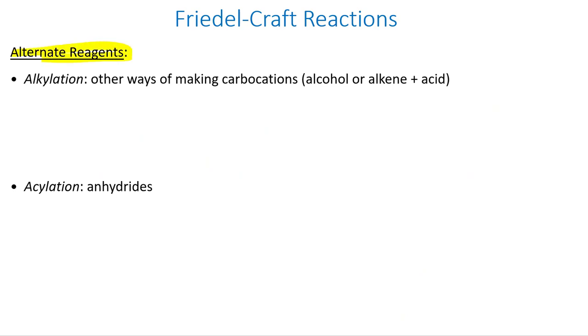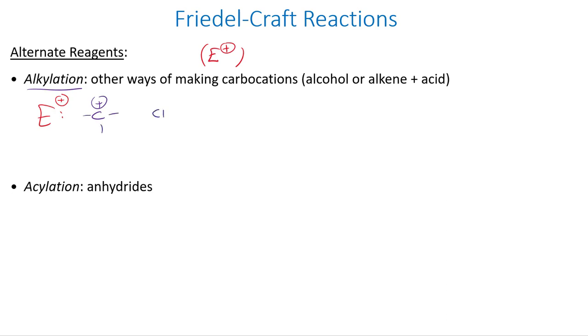Let's mention some alternate reagents, some other things that are sometimes used to make our reactions happen. In thinking about these, it's important to remember that we're looking for alternate ways we could potentially generate our active electrophile. And one way, for alkylation, where our active electrophile is a carbocation, would be any other reaction that generates a carbocation.